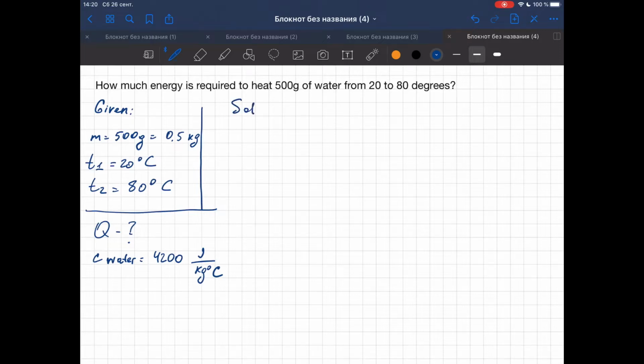And we just write down here the solution, and the main formula will be the same as the previous lesson. Q equals Cm (T second minus T first), and this is the main formula.